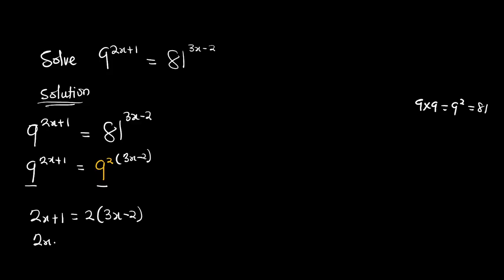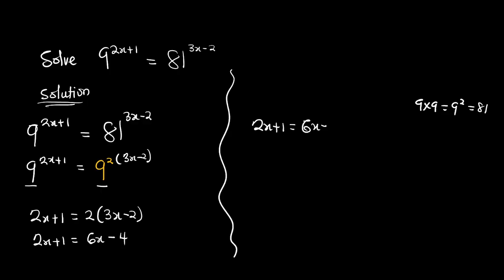I need to expand my bracket: 2 multiplied by 3 gives me 6x, then minus 2 multiplied by 2 gives me 4. So from here, I have 2x plus 1 is equal to 6x minus 4. Now I group like terms.